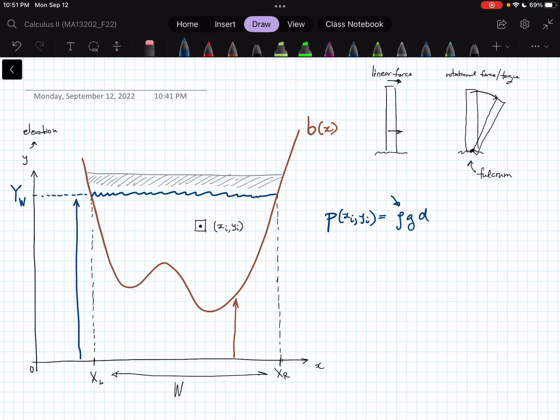Rho is the density of the water, g is gravitational acceleration, and d depends on yi and is the depth of that test patch underneath the water. So it is the distance between the elevation yi and the elevation of the surface of the water yw.